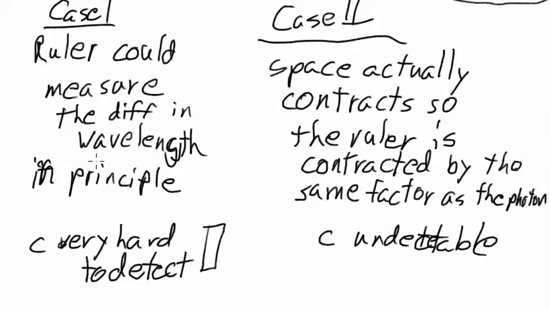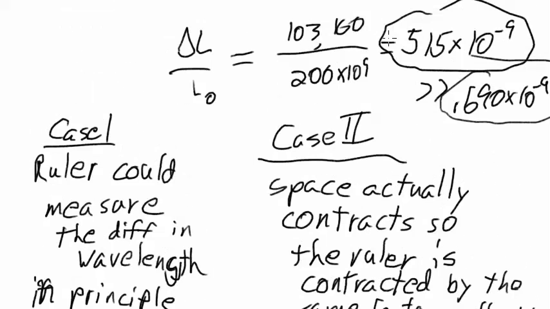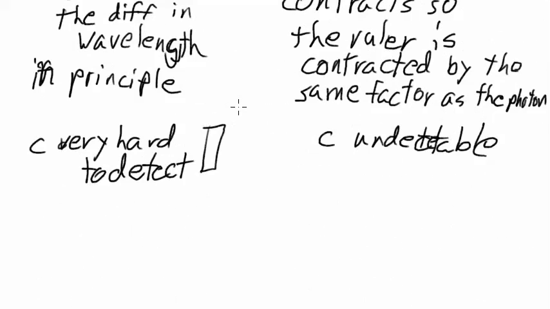But in principle, if you could eliminate that huge, 4 orders of magnitude greater problem, then you could maybe possibly detect differences in the speed of light.